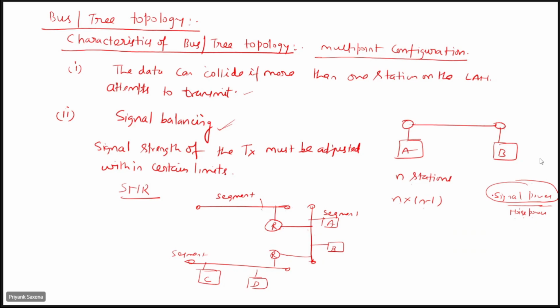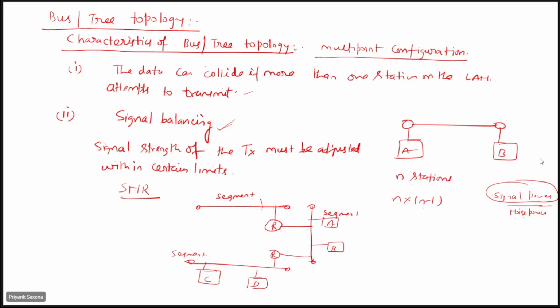The signal strength should not be too weak, so that the noise dominates the signal power and the receiving end cannot differentiate. But the signal strength should not be too high either, so that it can introduce non-linearities in the receiver circuitry.